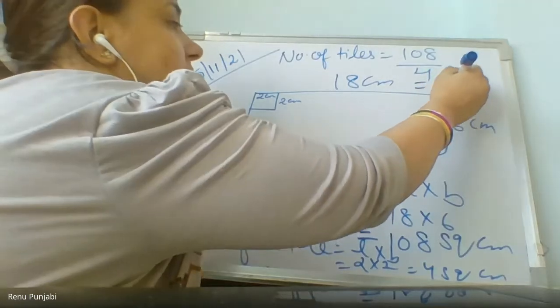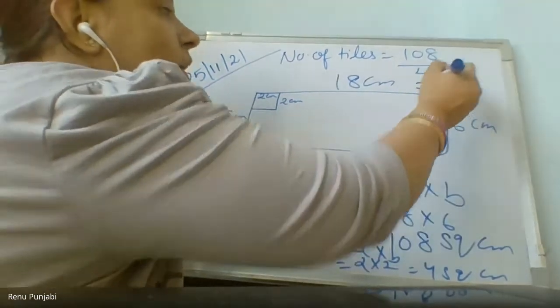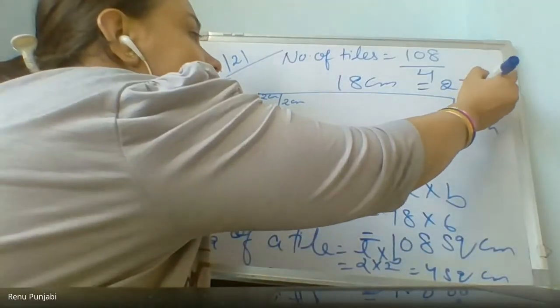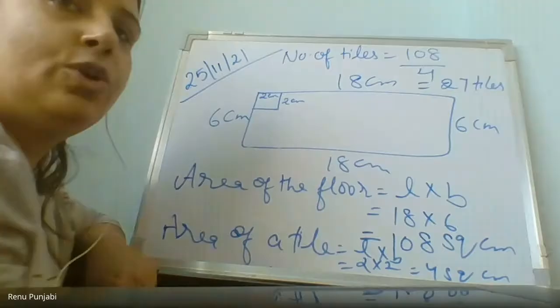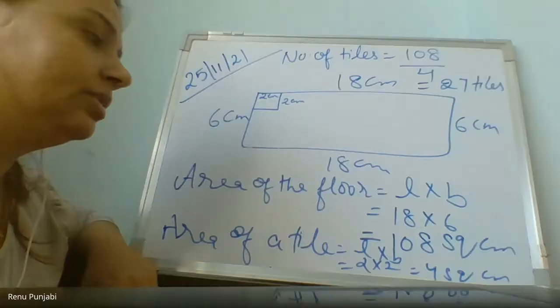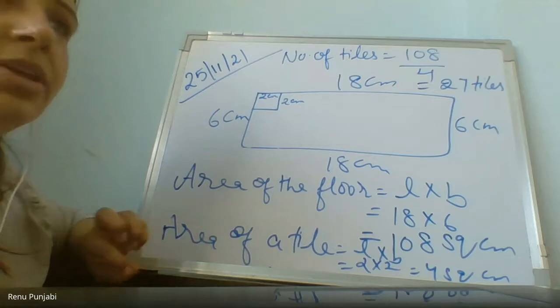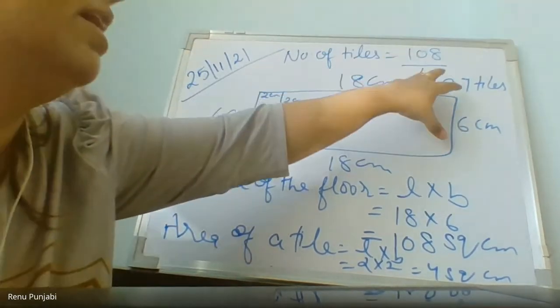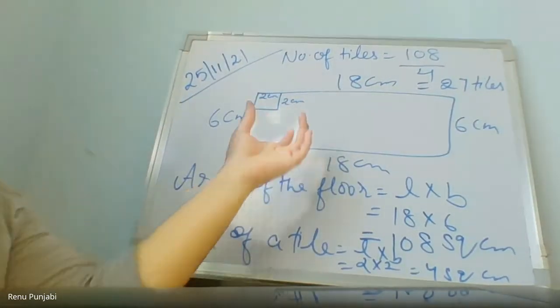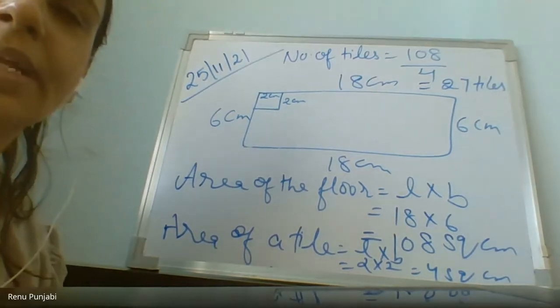Yes, 27 what? 27 tiles, not 27 centimeter. This is the number of tiles you have calculated that are going to fit in that area. Am I clear to you all?